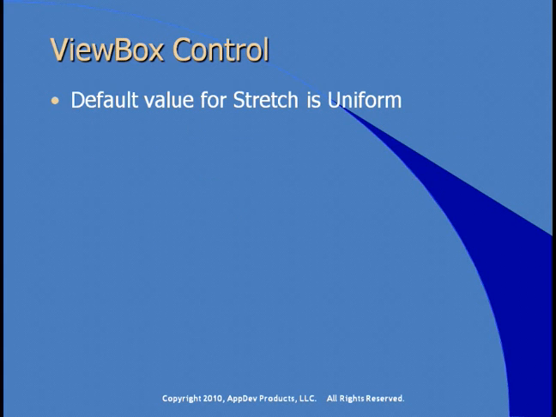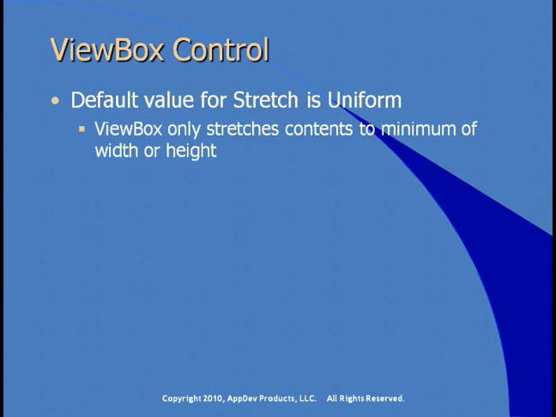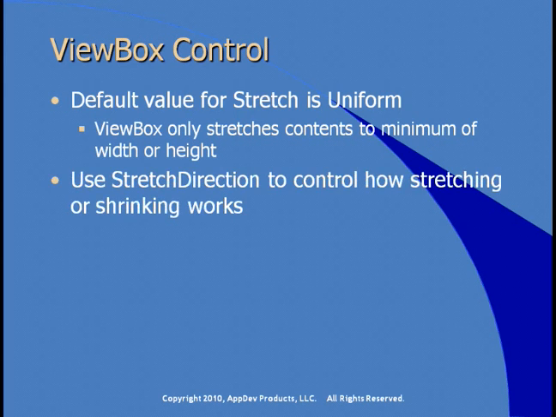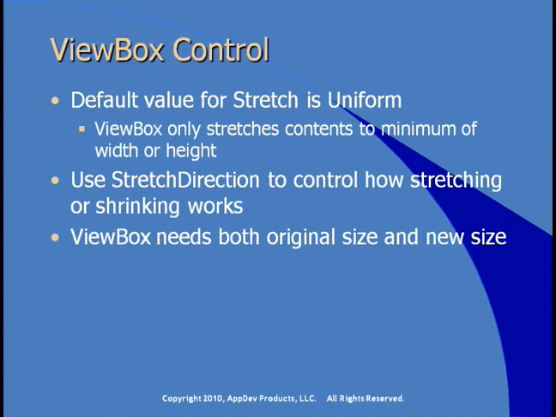When you use a viewbox control, the default value for stretch is uniform, and that means the viewbox only stretches its contents to the minimum of its width or its height. You can use the stretch direction to control how stretching or shrinking works. Now, it's important: the viewbox control needs both the original size and the new size in order to be able to stretch something.